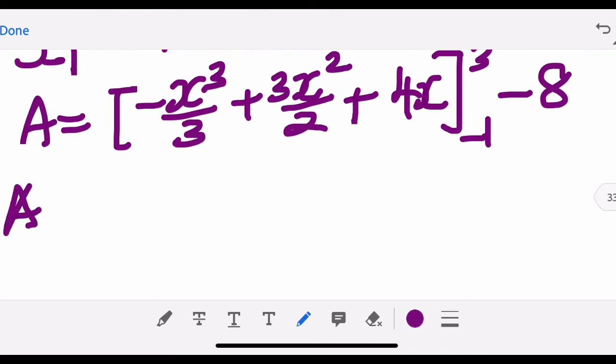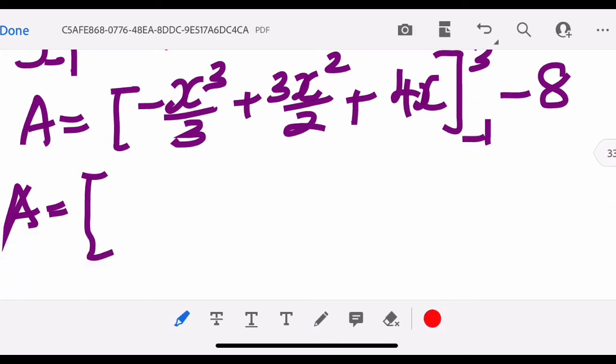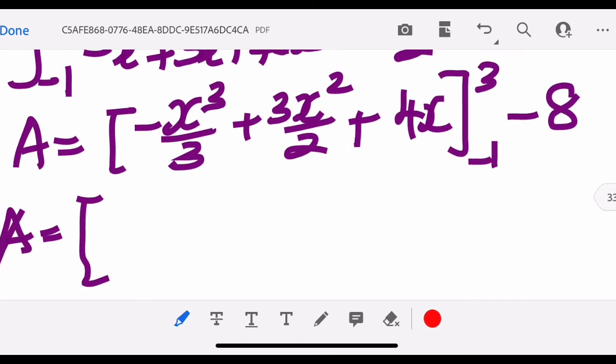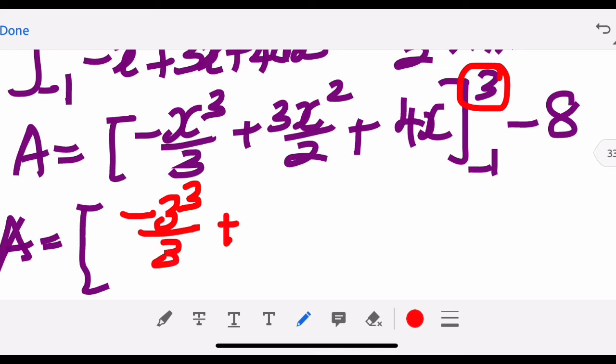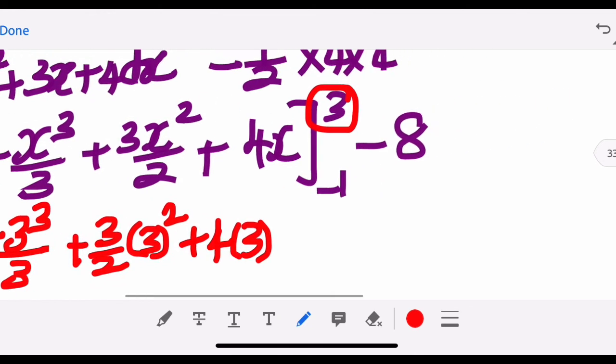Let's substitute carefully. Be careful because you have -1 and 3. We substitute the upper limit first, which is 3: -3 cubed over 3, plus 3/2 times 3 squared, plus 4 times 3. And we need to minus this part.